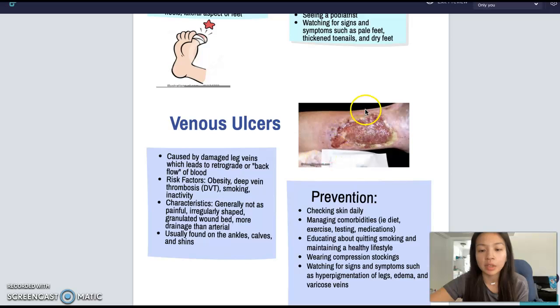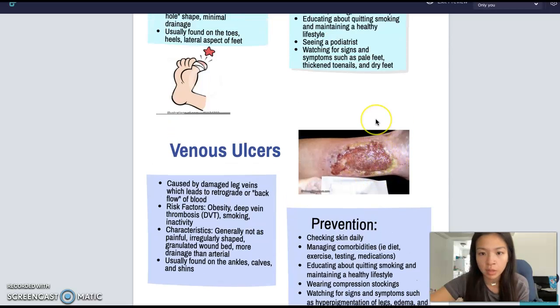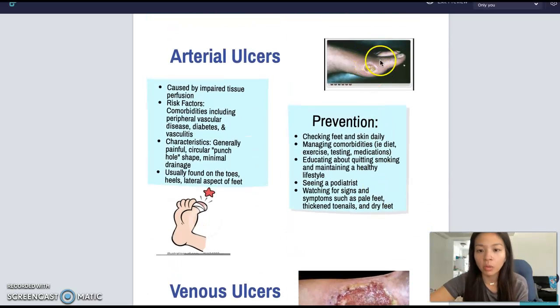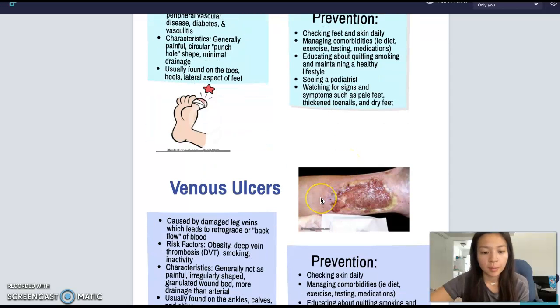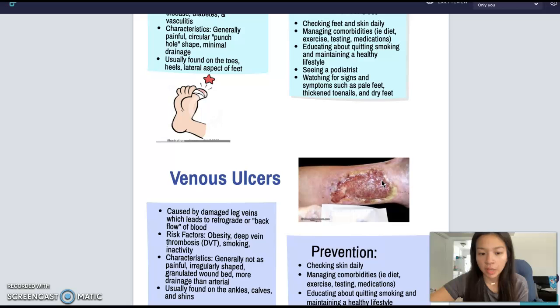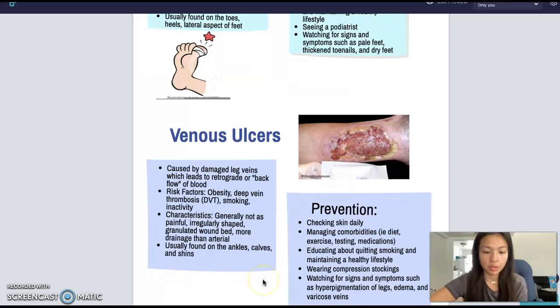They're more irregularly shaped. So for example, if you look at this picture, the borders are definitely more irregular compared to the punched out hole shape at this one. And the tissue bed is generally red and granulated, and there's more drainage. They're usually found on the ankles, the calves, and the shins.